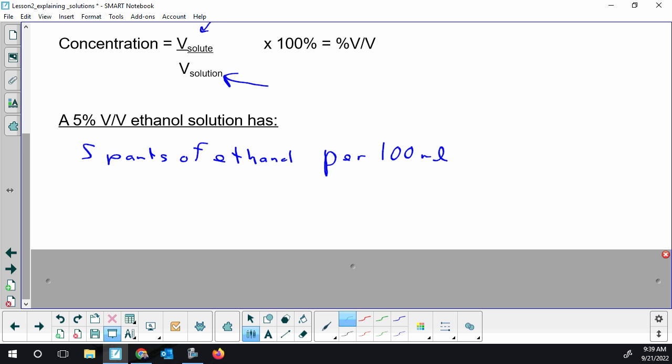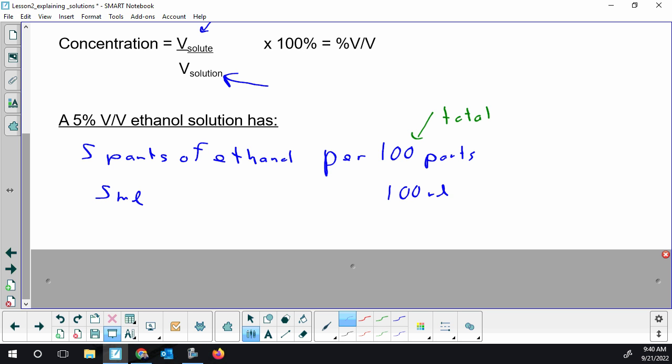So to make up that 100, 5 of the parts, and maybe we'll use milliliters, 5 of the milliliters would be ethanol, the other 95 must be coming from our solvent. So it's not 5 parts ethanol, 100 water, it's 5 parts ethanol in a total. To be consistent, 5 parts in 100, or if you switch to milliliters, 5 mL in 100.